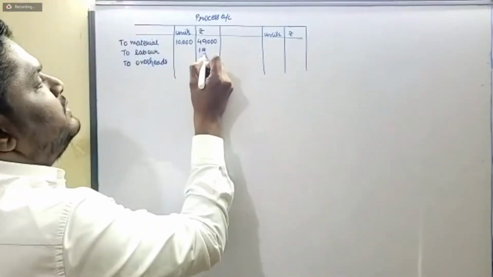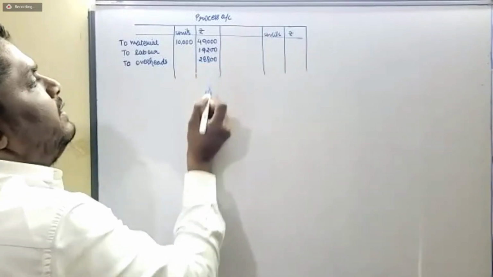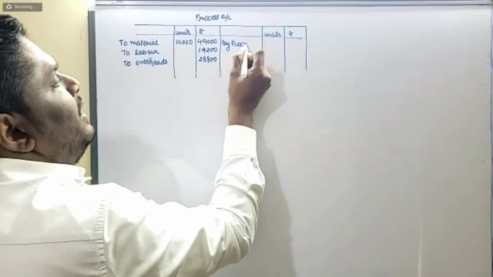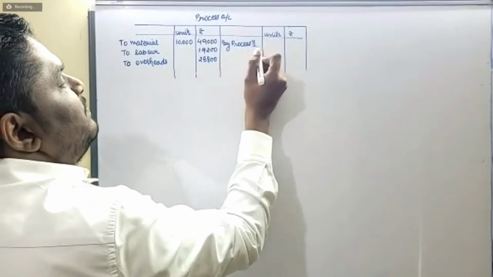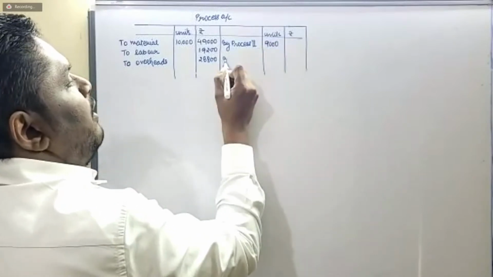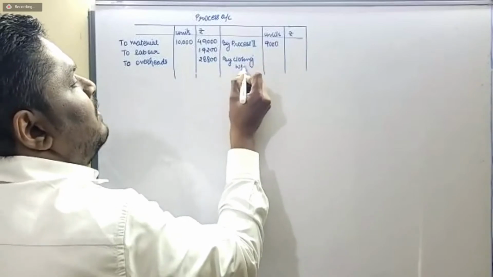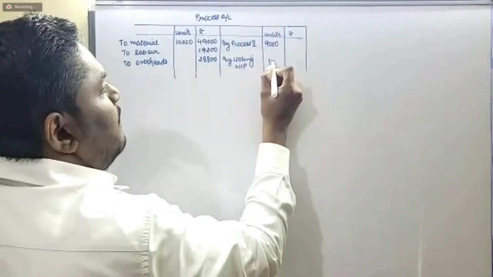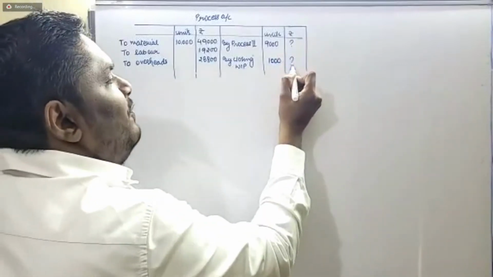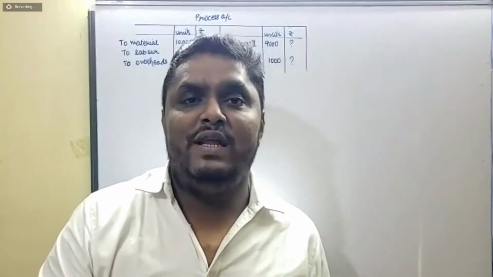It is 19,200, 28,800. The units that are transferred to the next process, process second, is 9,000 units. And by closing work in progress is. So now we have to calculate the value of units that are transferred to the next process and the value of closing work in progress.